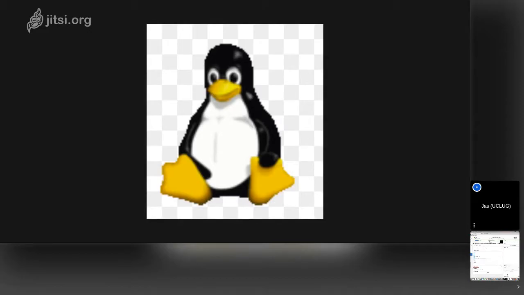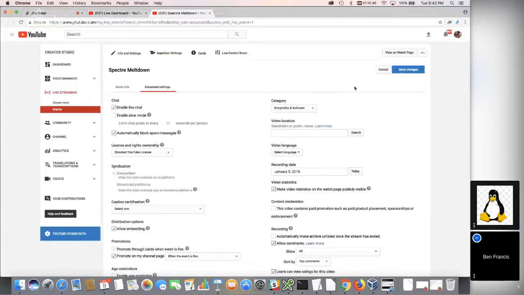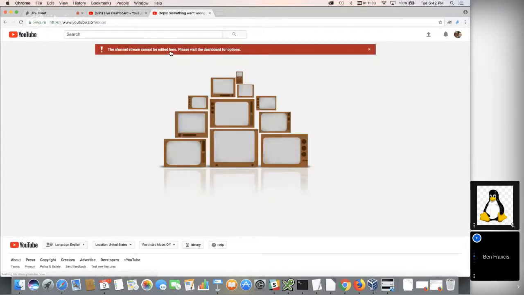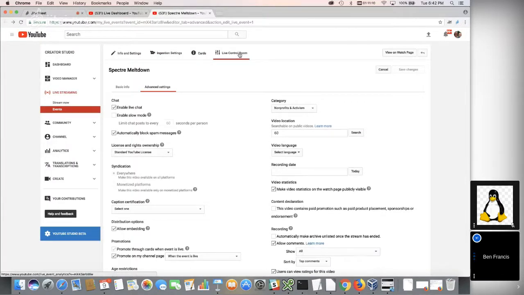Oh yeah. Info and settings. Well, that's ingestion settings. Oops. Nope. Can't do that. Go back.